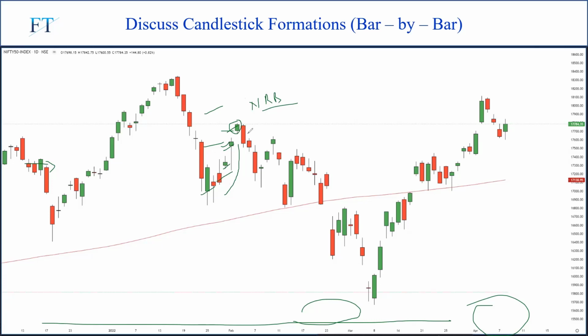And then look at the next bar, right? So this is the wide range bar igniting that has initiated the move to the downside, and which is why we have again a momentum move to the downside. Then we have again a wide range bar at the rising 200 MA, and look where this wide range bar has formed.